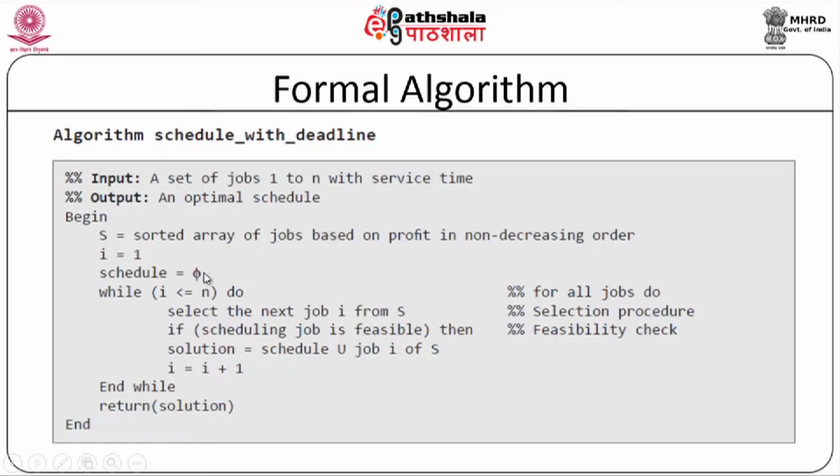Initially the schedule is going to be null, then you select the next job and check whether the deadline requirements are satisfied. If so, you schedule that, otherwise reject it. Continue till all the jobs are considered. Finally, the solution set is returned.